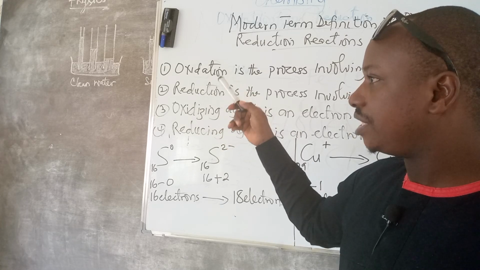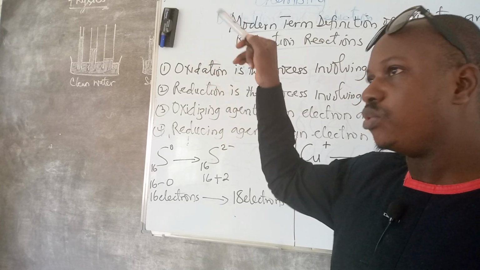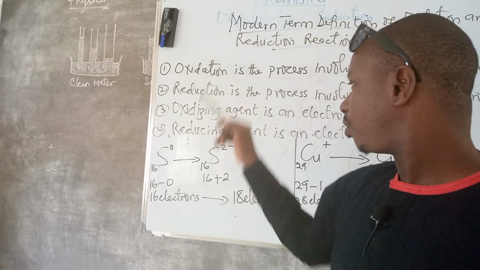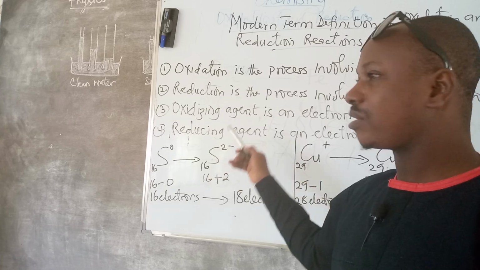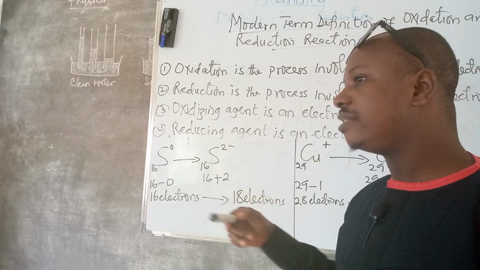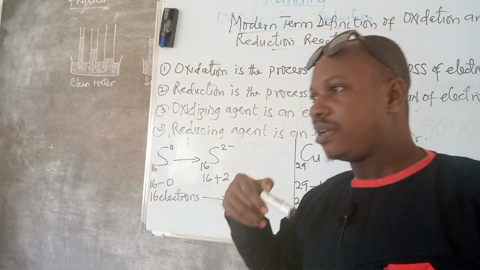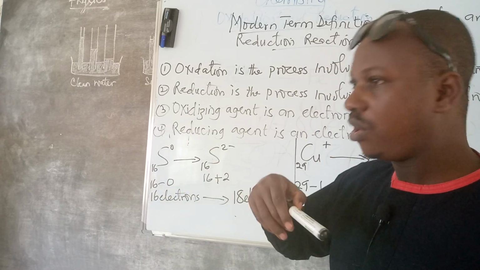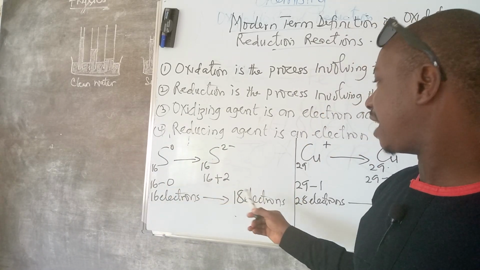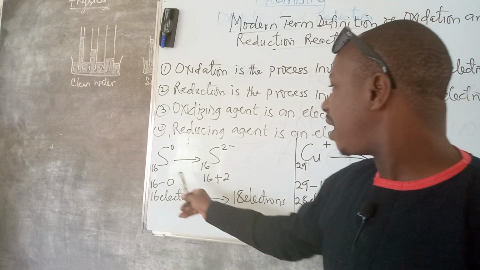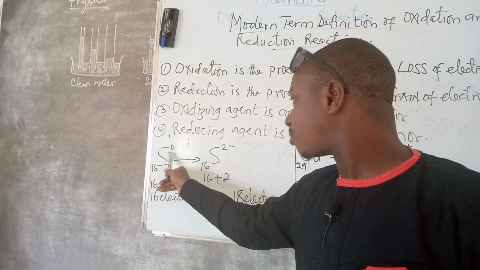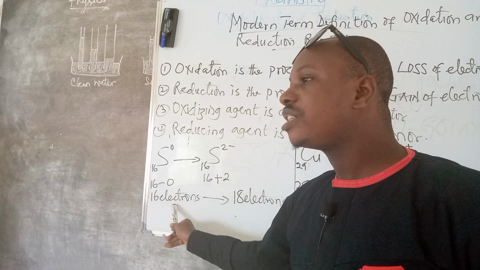Comparing with the first one I did, iron 2 plus, lost. But this one, sulfur 2 minus, accepted. Negative means acceptance. Positive means donating or losing.